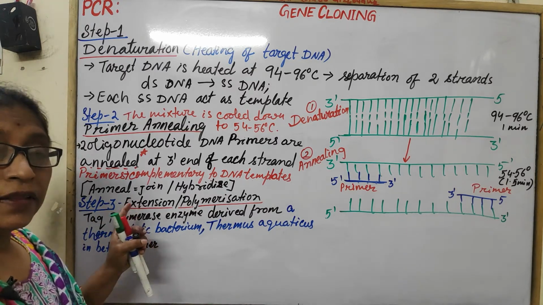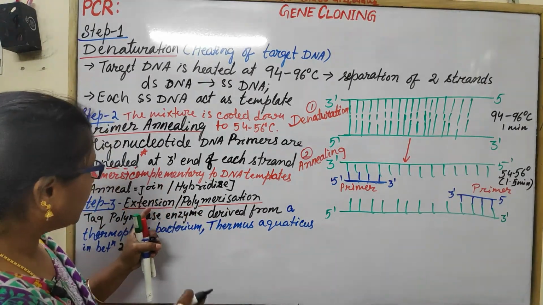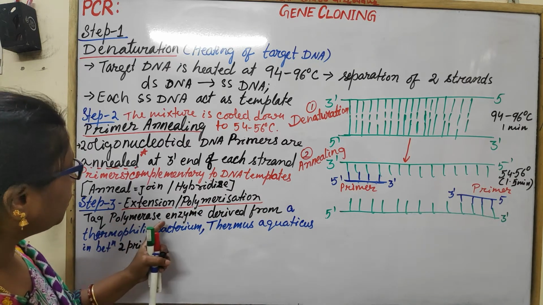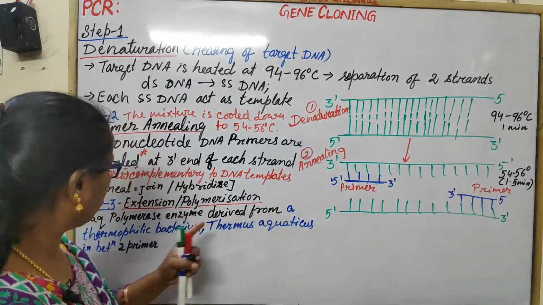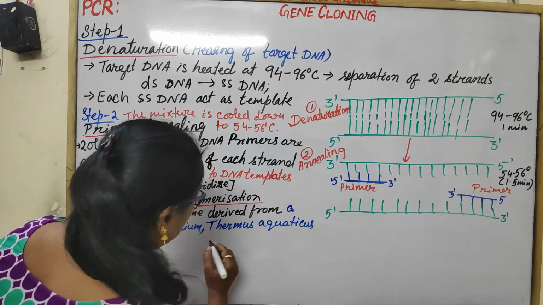What I am telling is that the DNA region is extended, polymerized with the help of the Taq polymerase enzyme, which is derived from the thermophilic bacterium Thermus aquaticus.